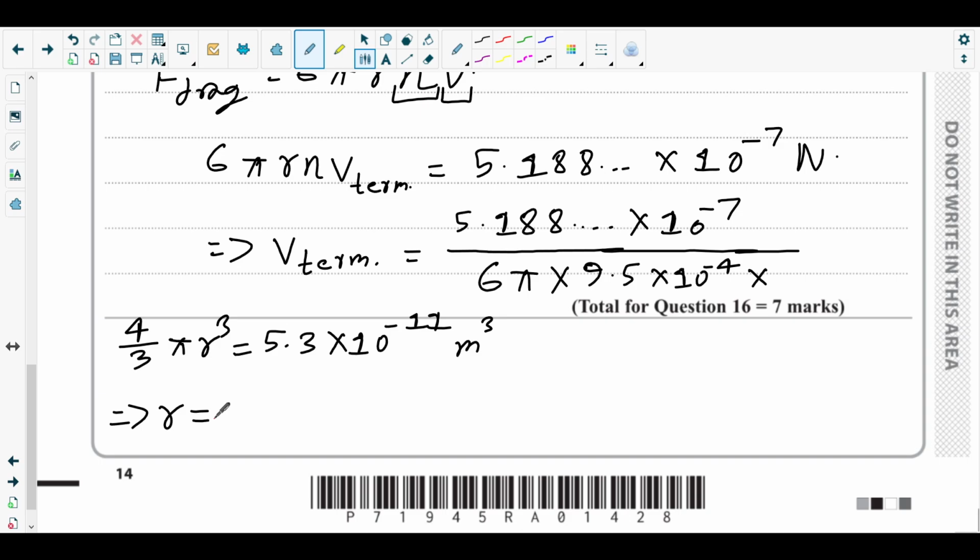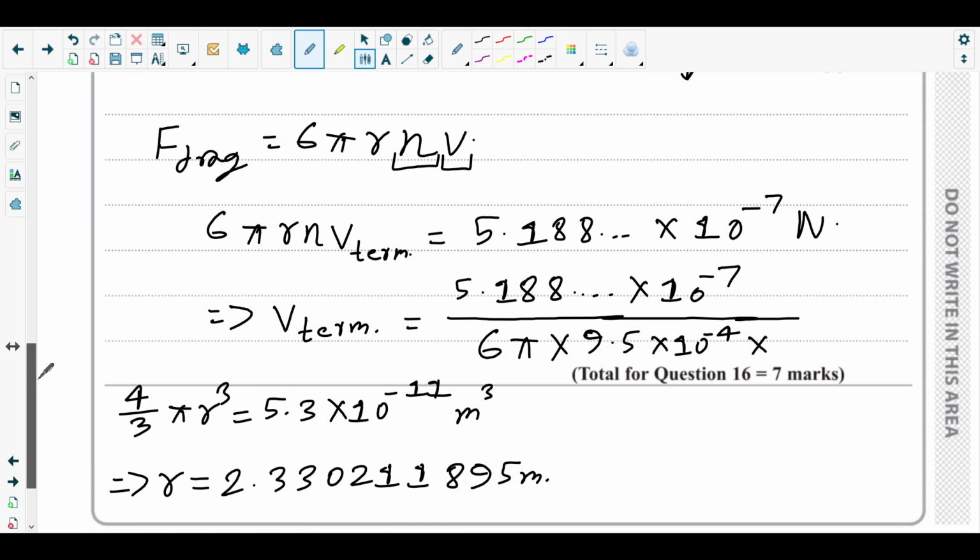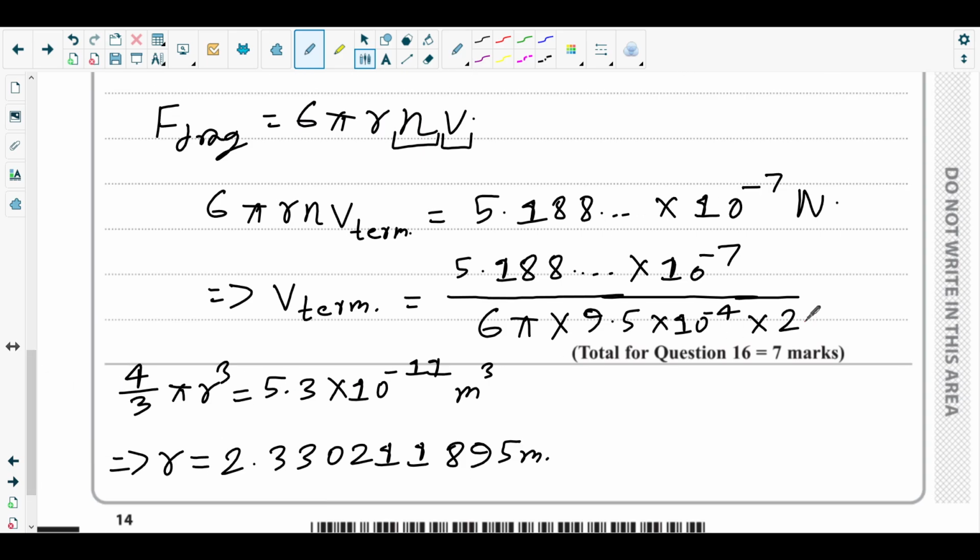You will get the radius as 2.33 times 10 to the minus 4 meter. I missed it out earlier, it should be 10 to the minus 4 meter.